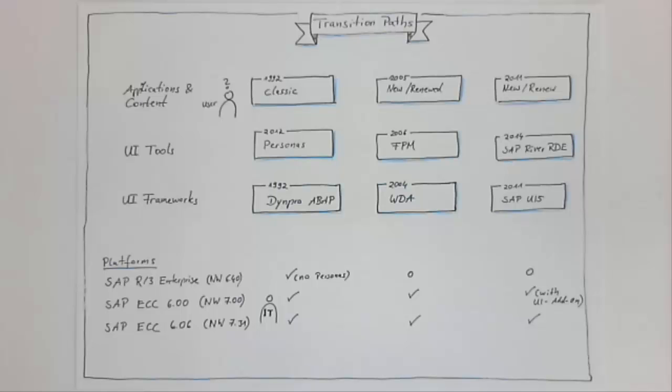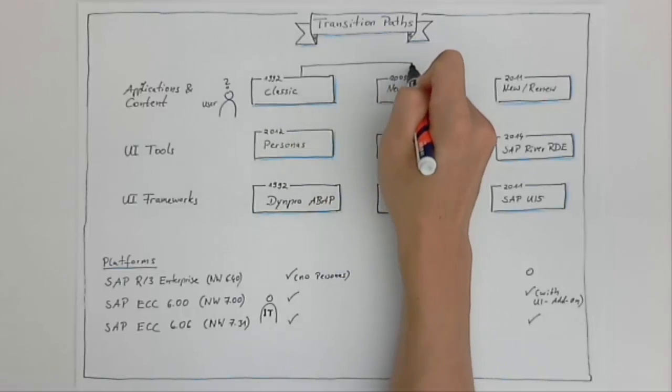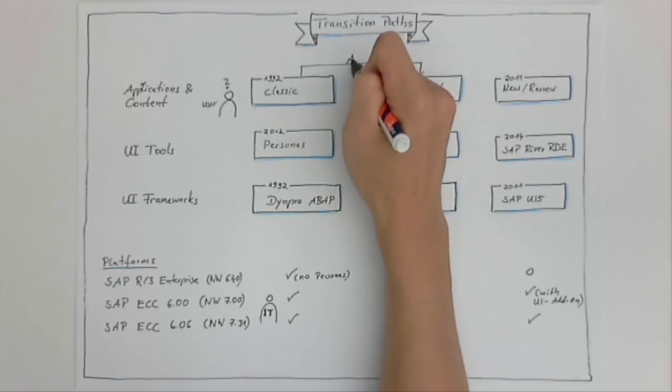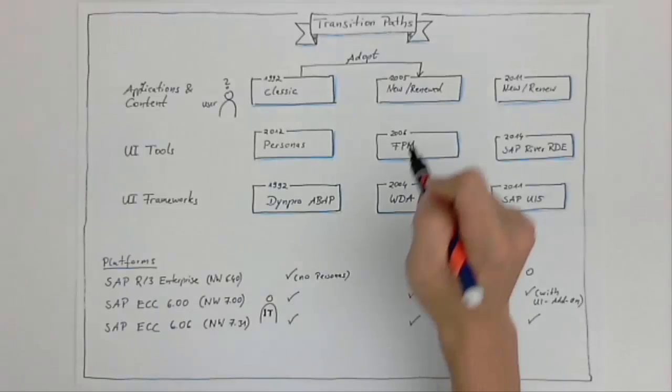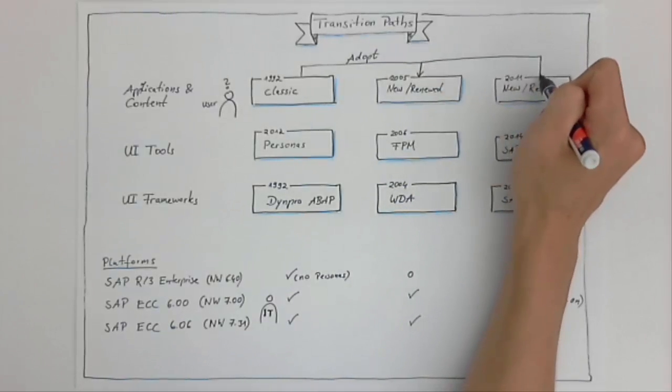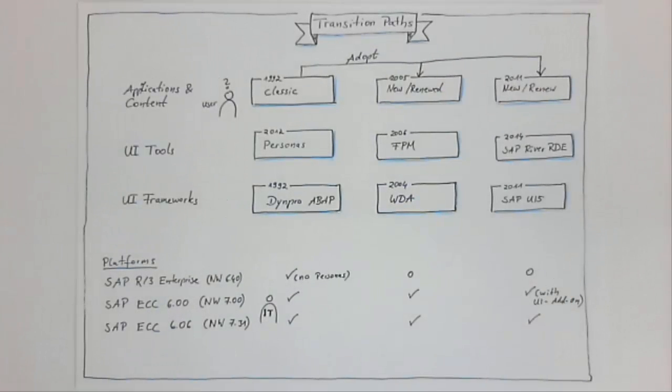Depending on your current situation, this means you could adopt new WebDynPro ABAP-based applications built since 2005. There are many of these around. Remember that this is also including predefined power lists, landing pages, technical roles, and side panels. You could adopt new applications based on SAP UI5, like those provided by SAP Fiori.